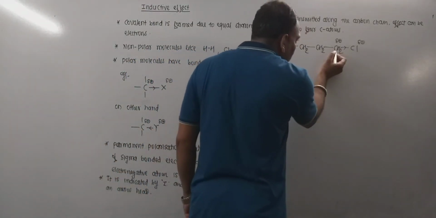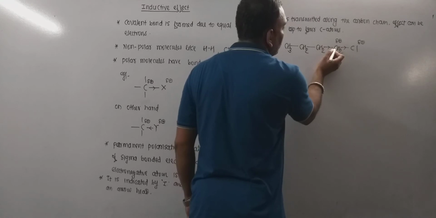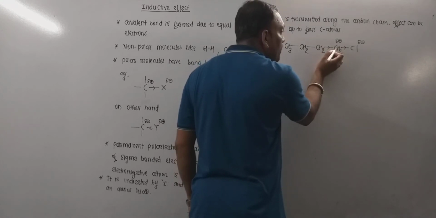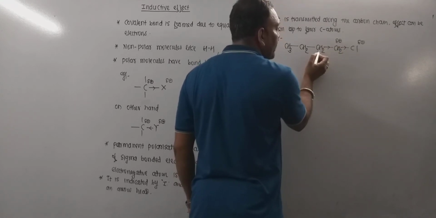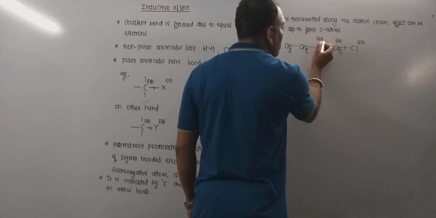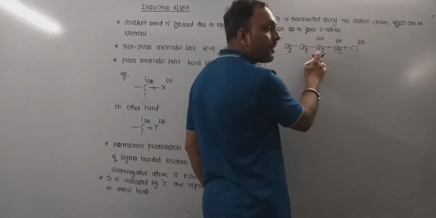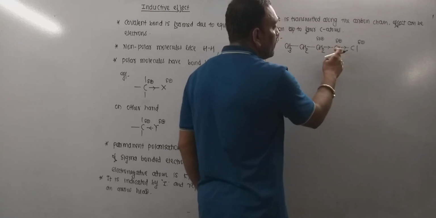So this carbon, in order to nullify the charge accumulated on it, tends to attract this pair towards itself. So due to this, what happens? This second carbon becomes partially positive. But remember, the positive charge accumulated on this carbon is comparatively lesser than on this one.